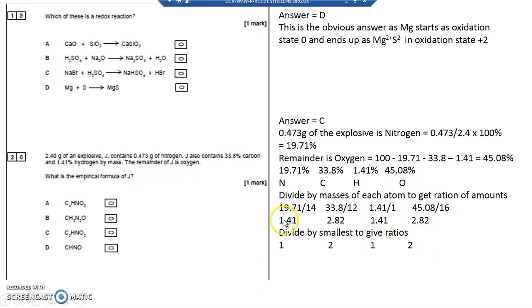That gives me these ratios: 1.41 to 2.82 to 1.41 to 2.82. To get the simplest ratio, I divide by the smallest number. So I divide all of them by 1.41. It comes out as 1 to 2 to 1 to 2. So the number of nitrogens is 1, the number of carbons is 2, the number of hydrogens is 1, and the number of oxygens is 2. The answer is C, C2H1N1O2.